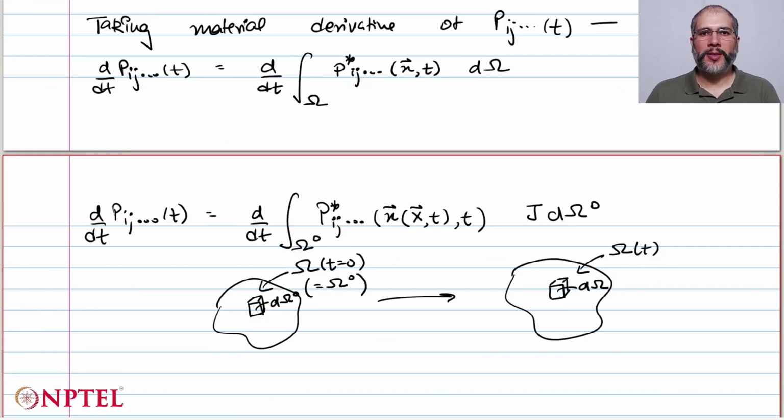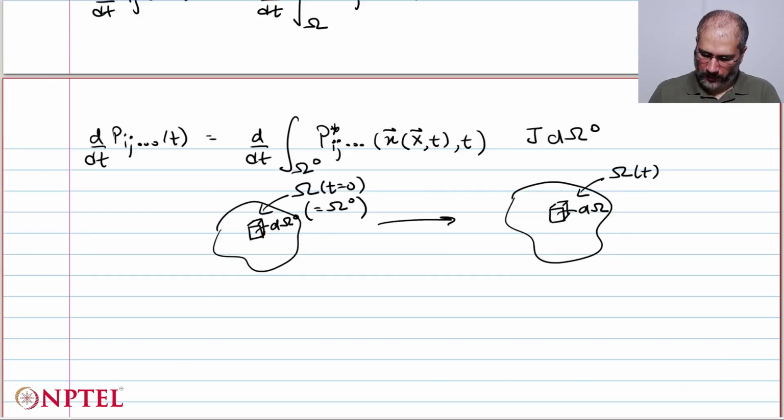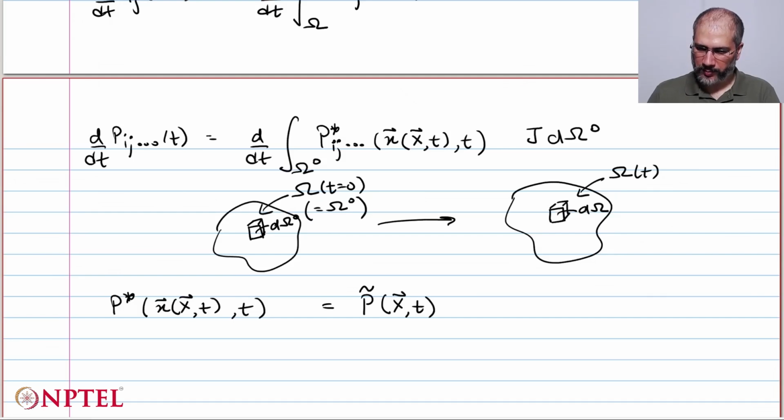So you must understand that it's the same particles that we're considering, but instead I write my P star for all those particles in the reference configuration using the Lagrangian description and multiply by their infinitesimal volumes in the reference configuration. Now in this function P star, if I write my small x in terms of capital X and t, then this function takes a different form, which I will write as P tilde as a function of capital X and t.